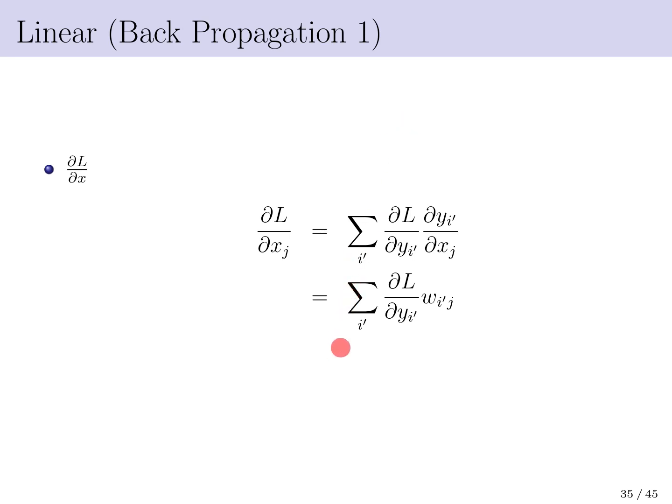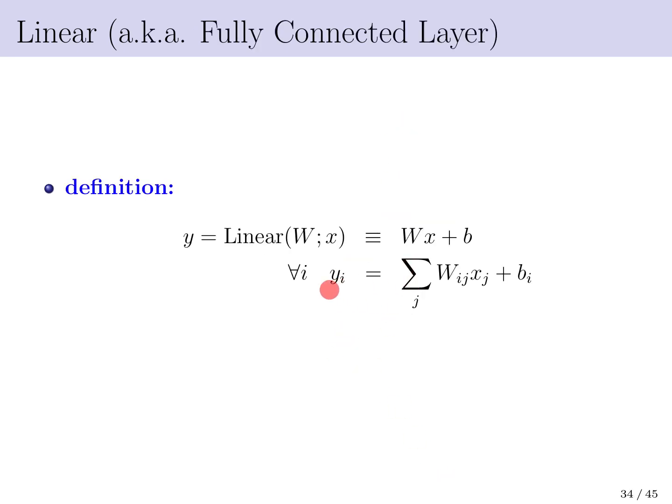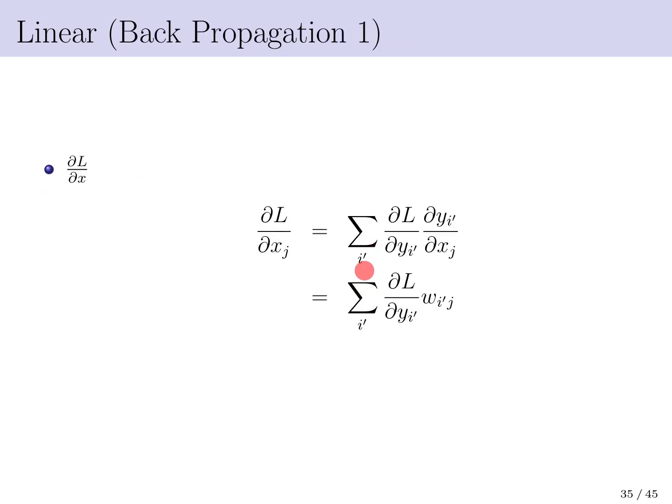So because y is indexed by i, applying the chain rule, we take the sum over all the indexes for y, and each term looks like this: dL over dy multiplied by dy over dx.